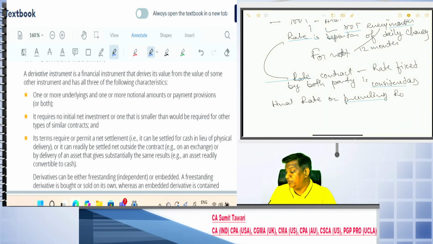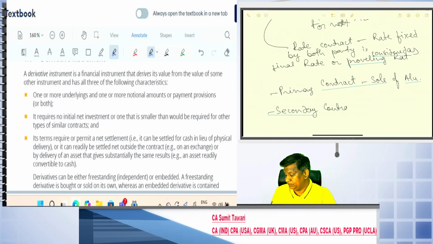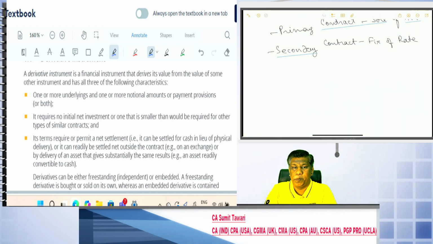So the primary contract is the sale of aluminum, and the secondary contract is the fixation of rate. Clear? Any doubt here? So we can go ahead.